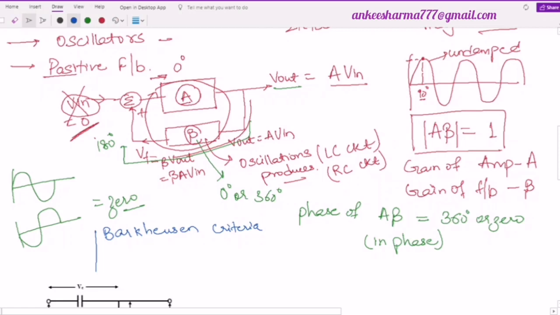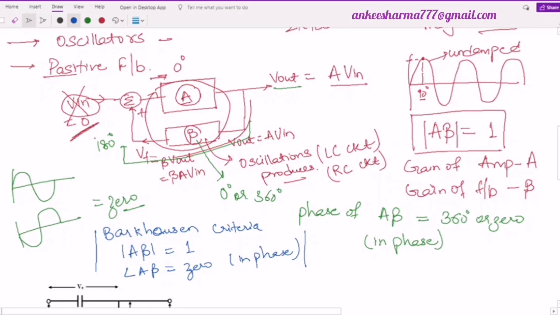First one is that the magnitude of A beta is equal to 1, and second is the angle of A beta must be equal to 0, or in phase. ब्रैकेट में देते हैं हम in phase. So Barkhausen, H-A-U-S-E-N, criteria of oscillation. So these are the two Barkhausen criteria, or simply the criteria of the oscillations.